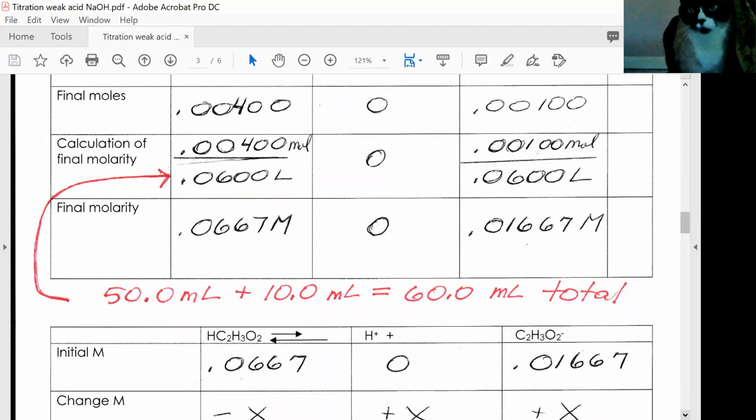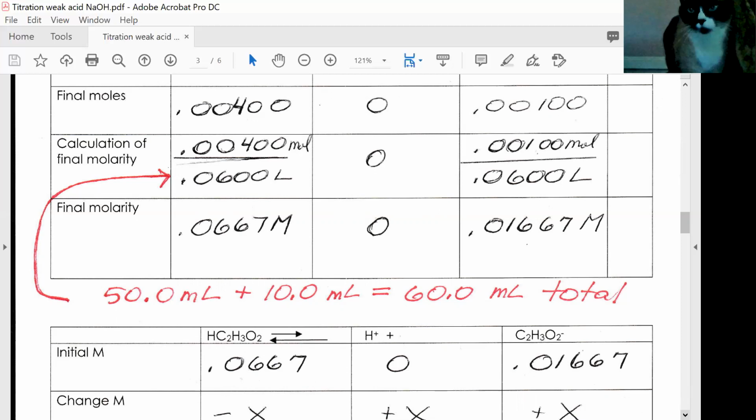Then also calculate the molarity of your acetate, 0.00100 moles over 0.0600 liters. Check to see that you get 0.01667 molar acetate. So we're calling this the stoichiometry table.